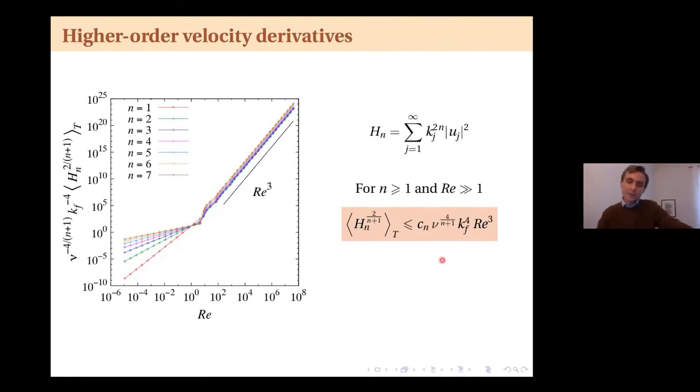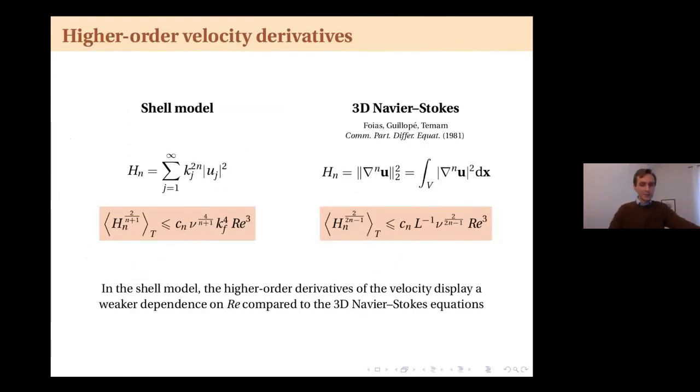Now how does this estimate compare with what we know for the Navier-Stokes equations? Here we start seeing a first difference between the two systems. For the 3D Navier-Stokes equations, we have this estimate, which goes back to Foias, Guillope, and Temam. As I mentioned, the Hn in the 3D Navier-Stokes equations are the space integral of the nth derivative squared. In both cases, the time average of Hn is bounded by Reynolds cube, but the exponents are different.